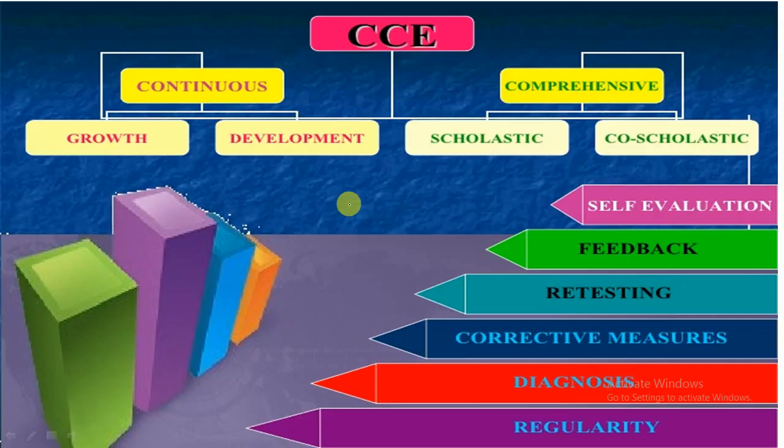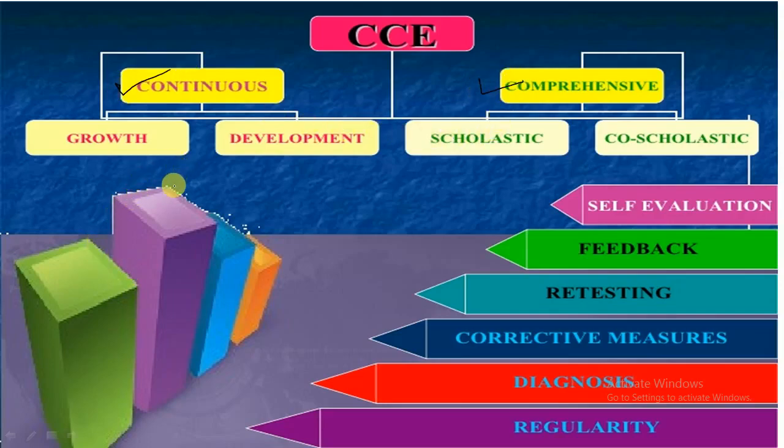What do we mean by CCE? You know that the full form of CCE is continuous comprehensive evaluation. So two terms are given in CCE: one is continuous and another is comprehensive.